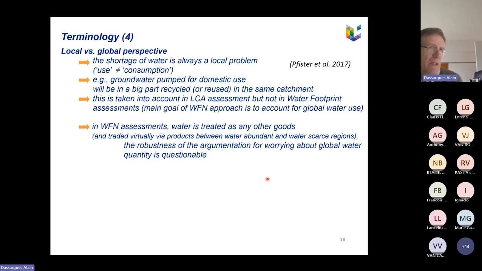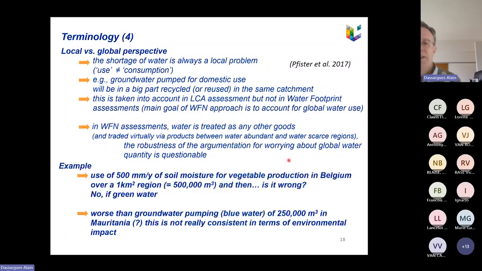No, indeed no, because we have always the same amount of water. The water is not disappearing. So in fact, the robustness of this argumentation is relatively weak to estimate that at a global scale.